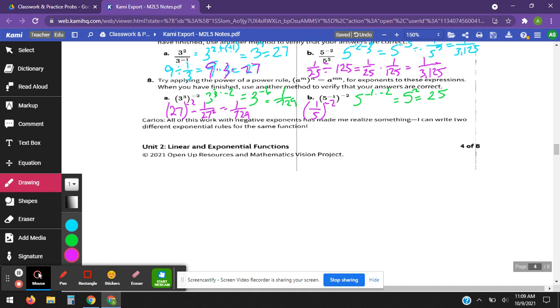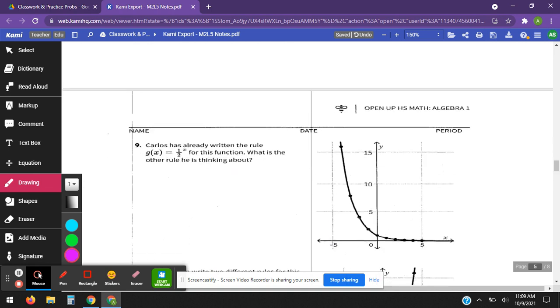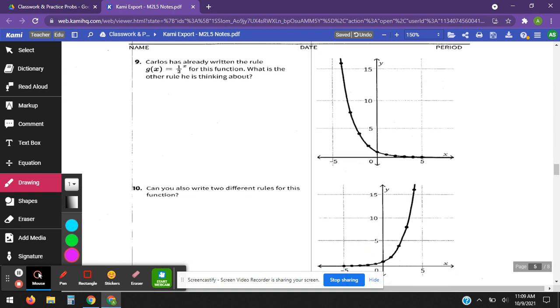Well, the reciprocal would be 5 to the positive 2, and that equals 25. All right, so there we go. We have practiced those rules. Biggest thing is just making sure you remember how to work the negatives.